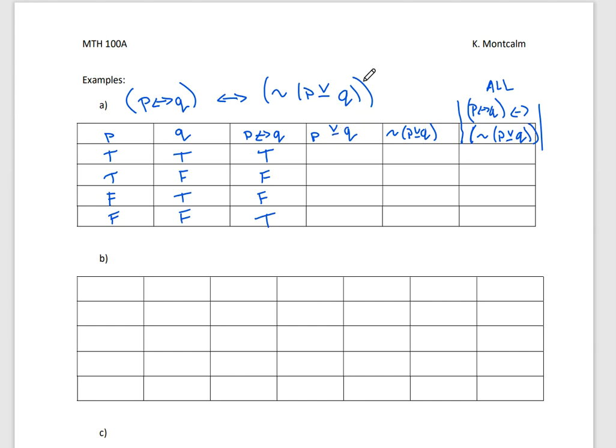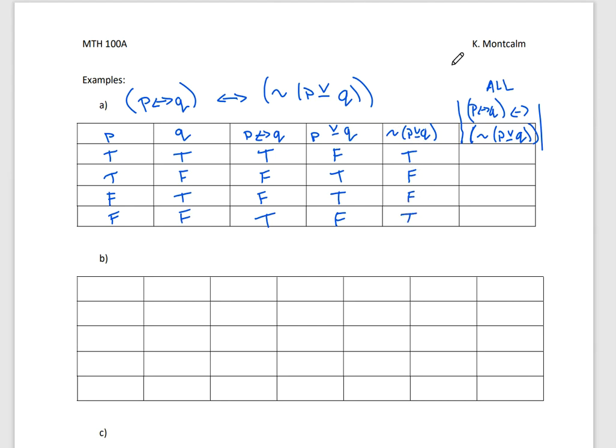So it's not the negation of or, it's exclusively or, which means I need exactly one true for it to be true. So that means my middle ones are true and my other two are false. Okay, then the negation of the exclusively or column. So we're going to take the opposite of what we had here, which gives me true, false, false, true.